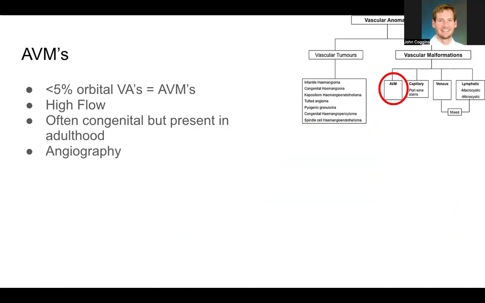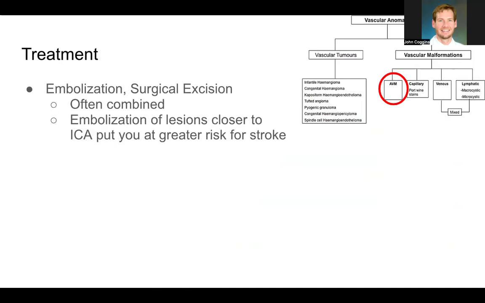AVMs are the third most common. Less than 5% of orbital vascular anomalies are AVMs. They're high flow, often congenital, but generally present in adulthood, and angiography is going to be more important imaging for these patients. Generally, you treat them with embolization plus surgical excision. Remember that if you're embolizing something, and glue is a pretty common embolizing substrate for high flow lesions, it can have retrograde flow after you inject it.